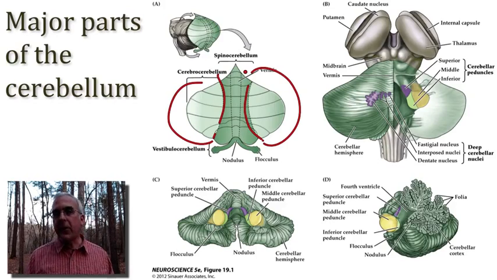So this is the part of the cerebellum that is involved with circuitry from the cerebral cortex that returns a signal back to circuitry of the cerebral cortex. Hence its name cerebrocerebellum.